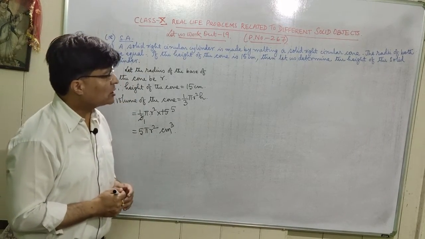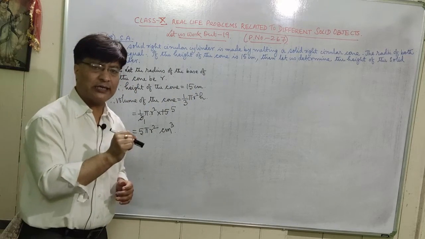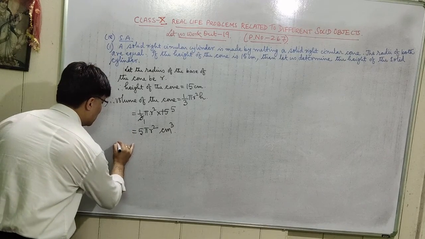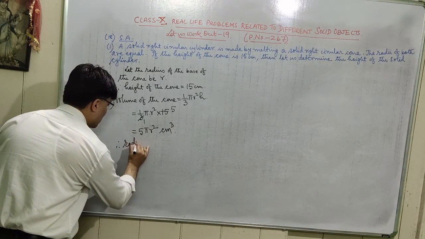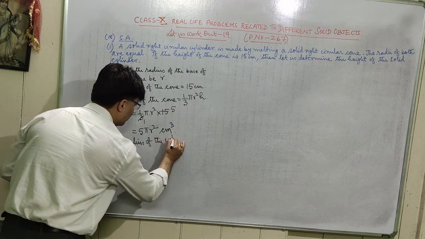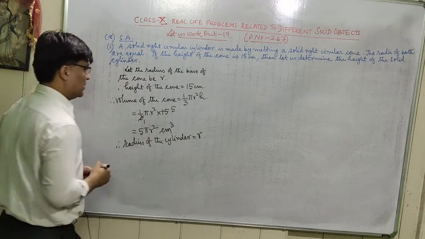So in the question it is given that the radii of both cone and the cylinder are equal. That means what is the radius of the cylinder? That is also r. Radius of the cylinder is also r.